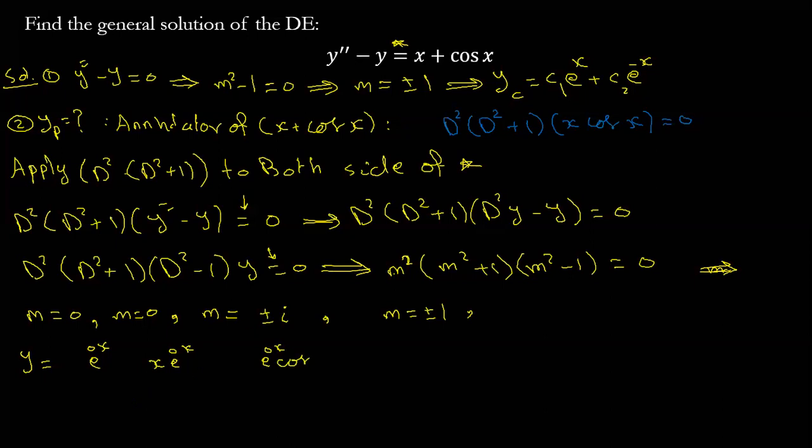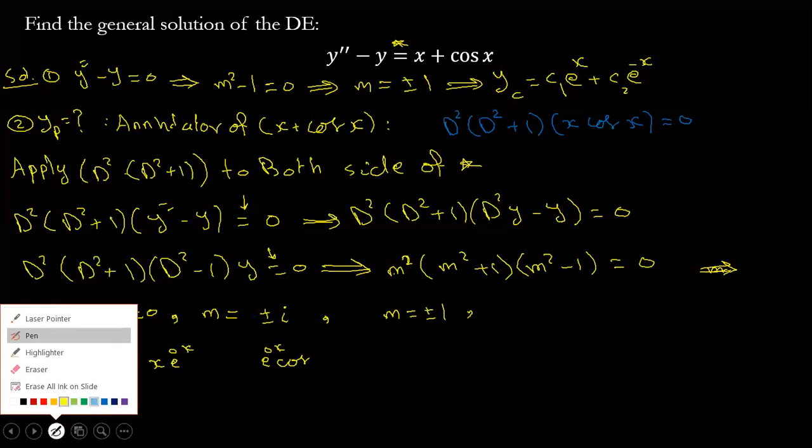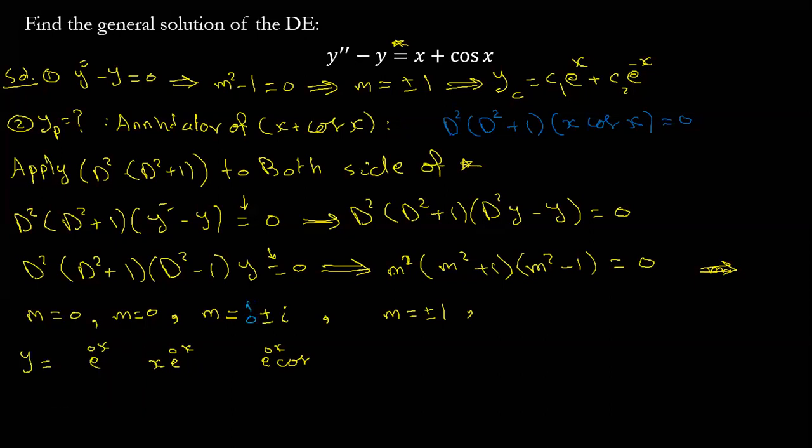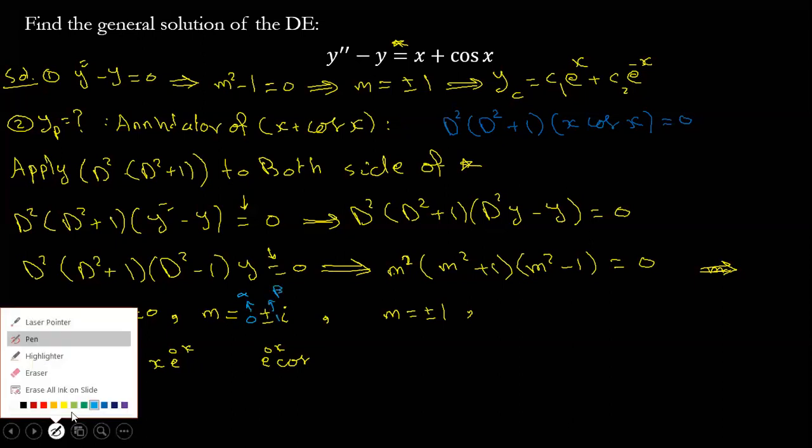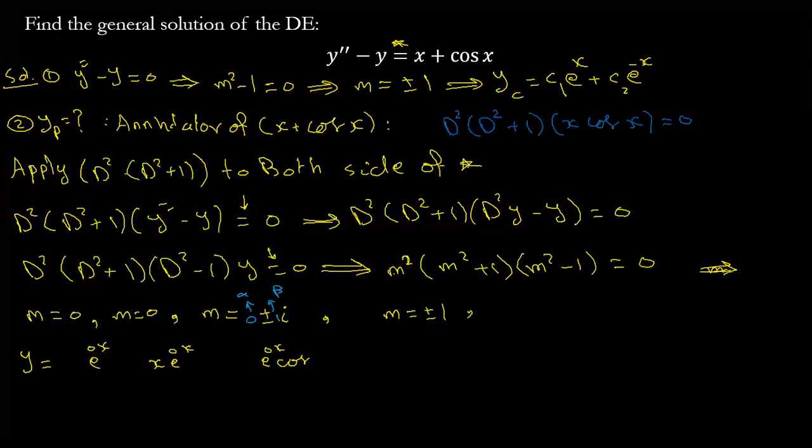So here, let me write for the students that 0 is my alpha, and here 1 is my beta. Am I right, Abdurrahman? Yes, doctor. So cosine 1x is cosine x, and then e to the power of 0x sine x, excellent.